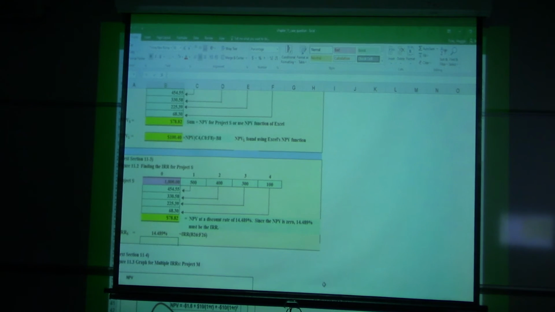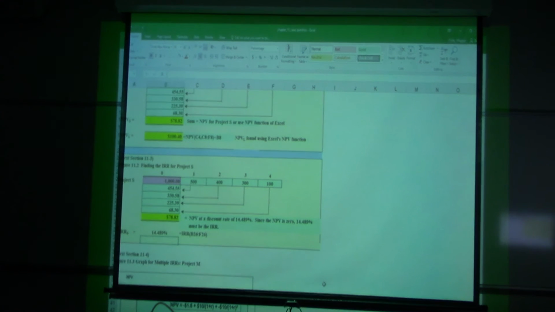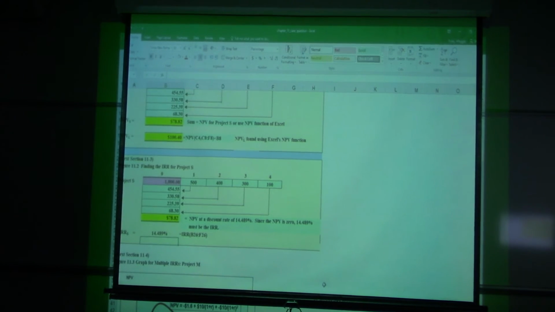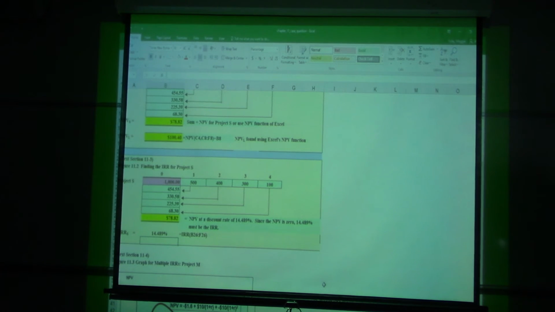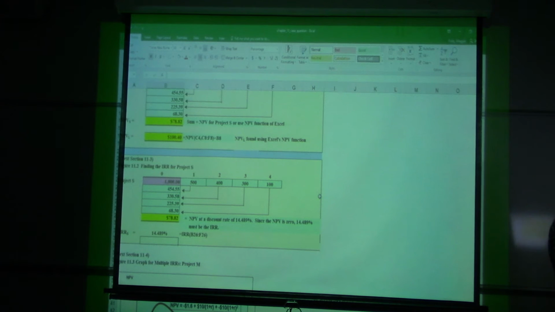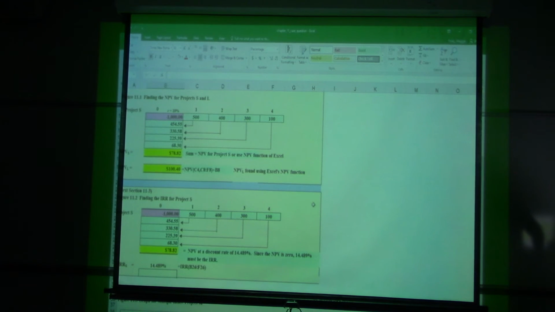So that shows the same as the ones above it. It should be a different number. So the box above it has the same exact numbers as the box below it. Am I the only one? What? So the boxes above it, are those supposed to be the same numbers? Yeah, this is the same project.